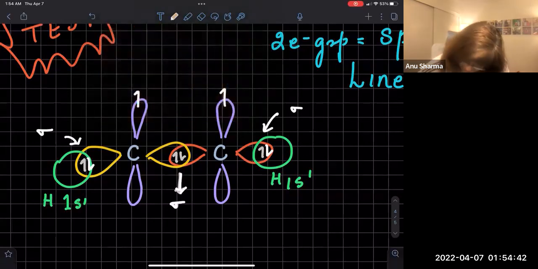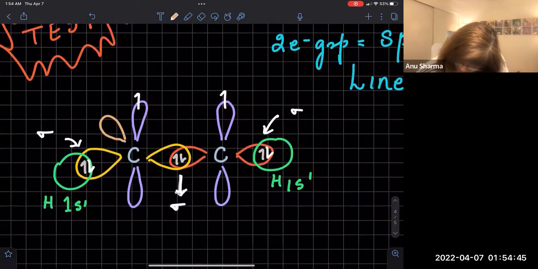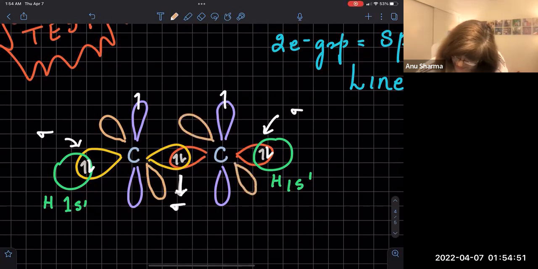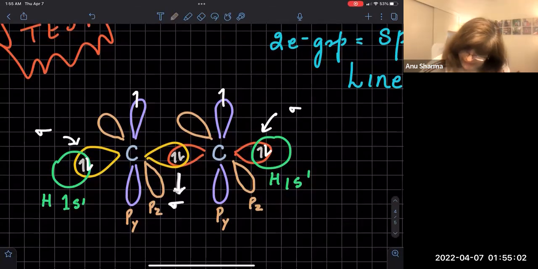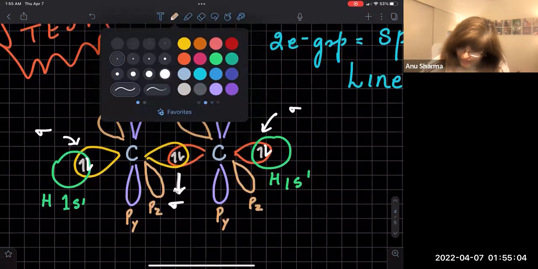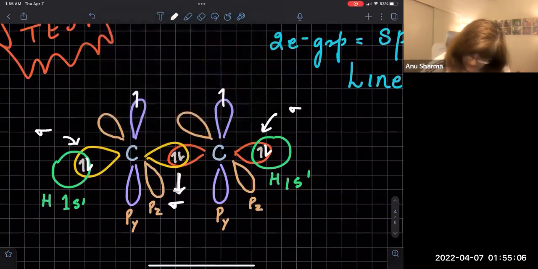Okay, here is one. Remember, pz is diagonal. This is another one, pz. So this one is the py, this is pz, py and pz. PX participated, but pz is also containing one electron.